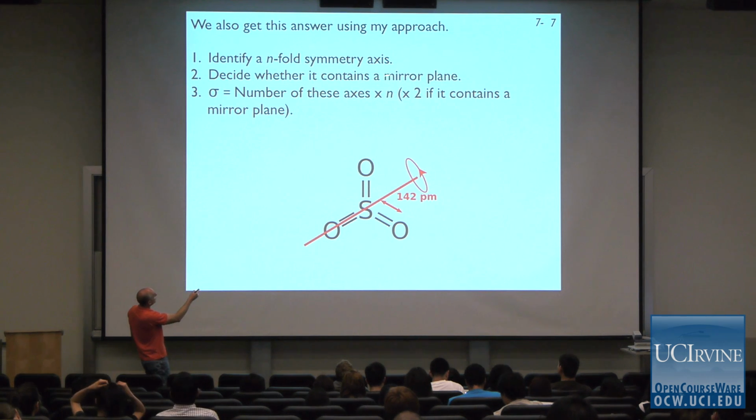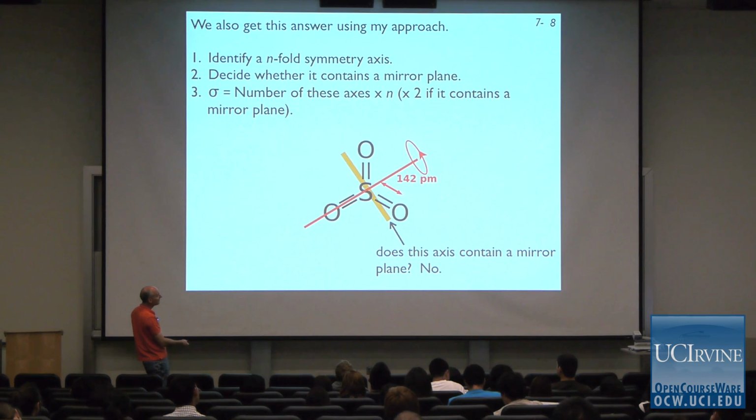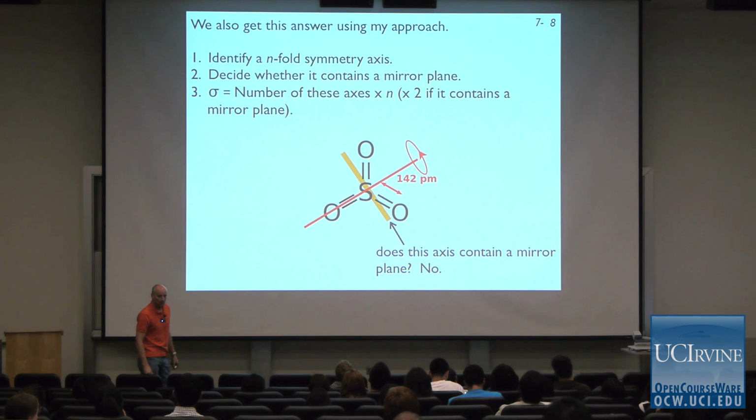Then you decide whether this axis contains a mirror plane. If I put a mirror right here, does this side of the molecule look just like this side of the molecule? No. So this axis does not contain a mirror plane.